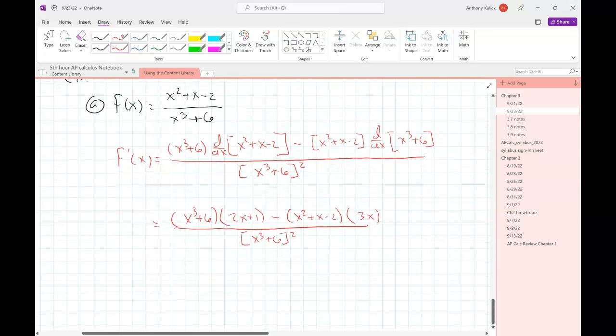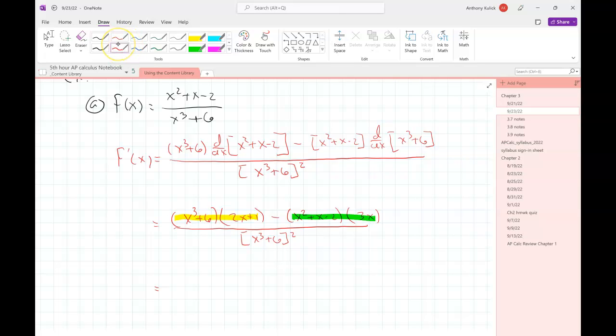And from here, we're just going to FOIL out that piece, distribute out that piece.